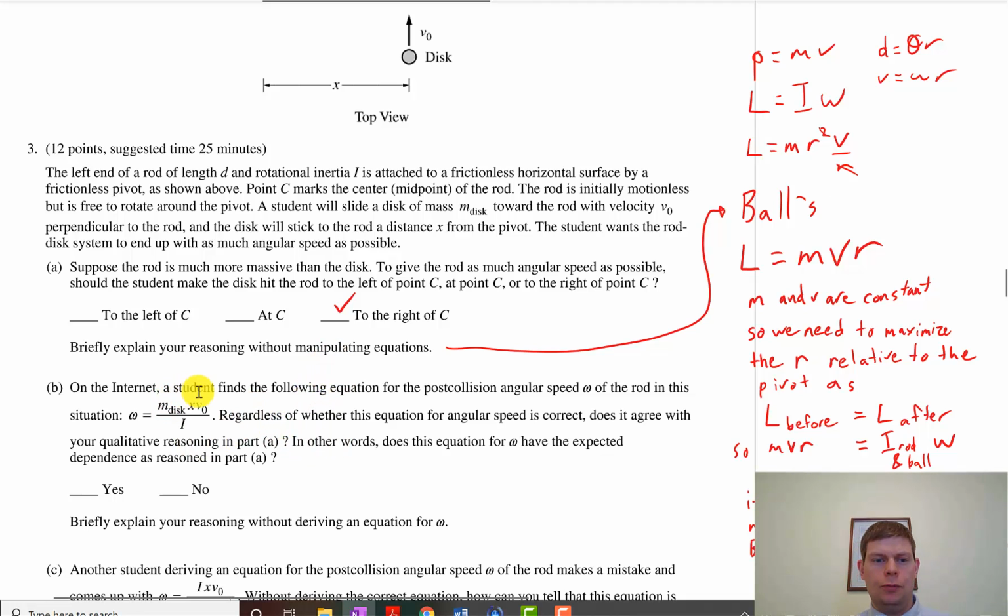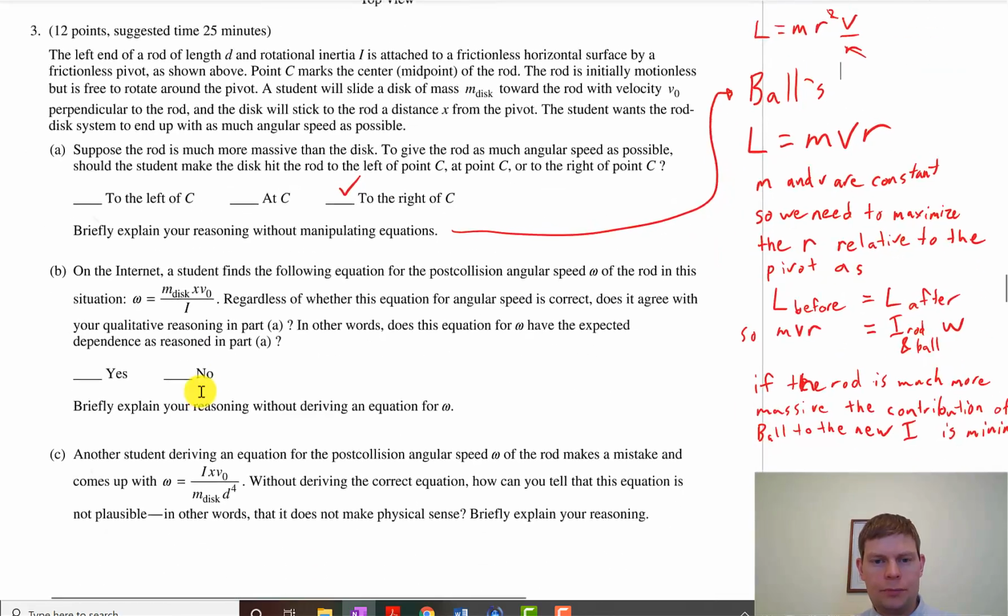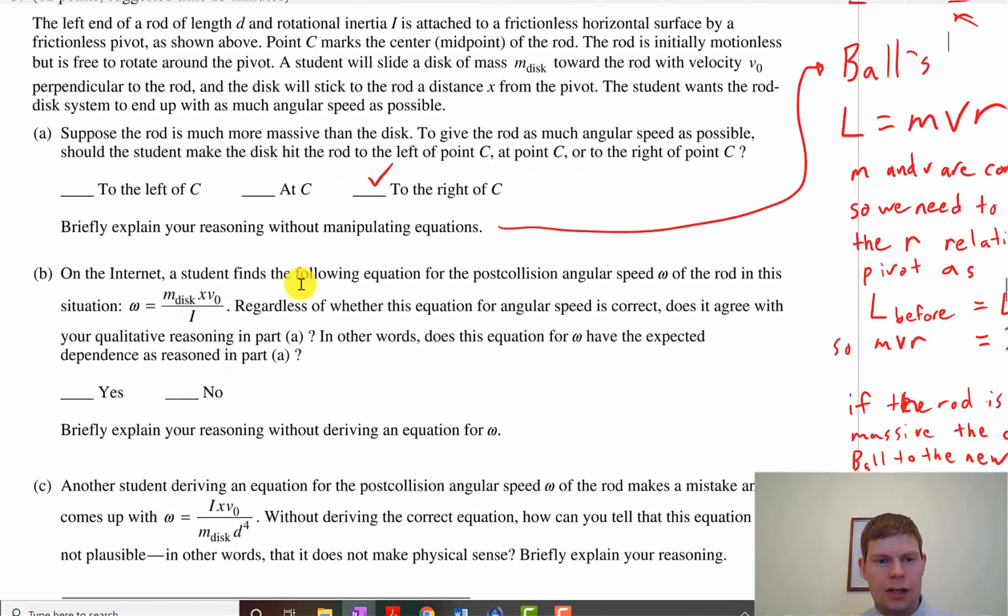Anyway, for part B, a student finds the following equation for the post-collision angular speed omega. Basically, does this equation that this kid found have the expected dependence as reasoned in A?